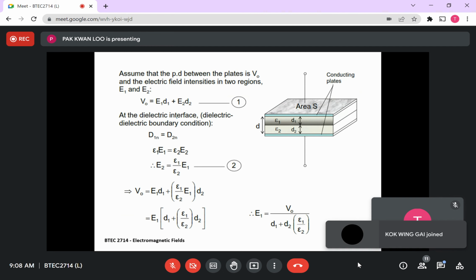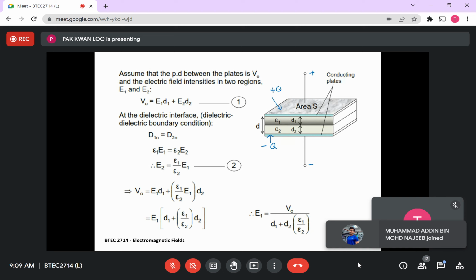And how is that? So first, let's say the top plate is positive Q. The charge distribution over the plate is positive Q, and the bottom plate is negative Q. Let's assume this, and the two plates are connected, positive Q to the positive terminal and negative Q to the negative terminal.